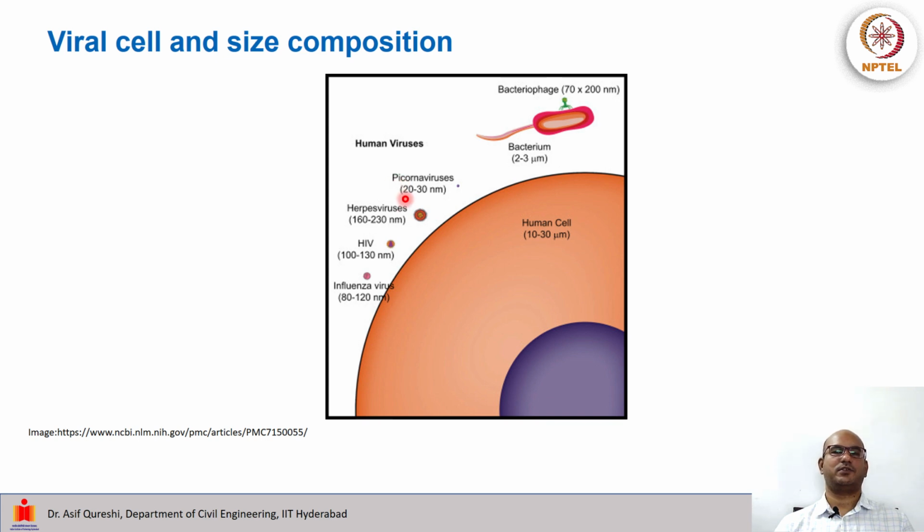The picornavirus is 0.02 to 0.03 micrometers, so much smaller than the human cell. The HIV virus is 100 to 130 nanometers, meaning 0.1 to 0.13 micrometers. And the influenza virus is 80 to 120 nanometers or 0.08 to 0.12 micrometers. So all of these are substantially smaller than the human cell.